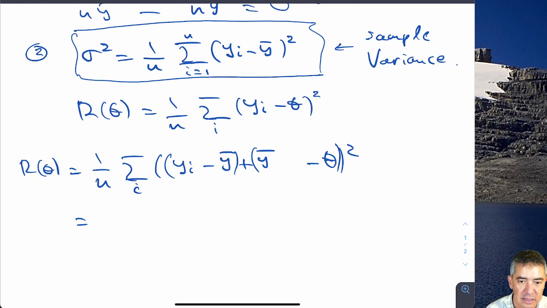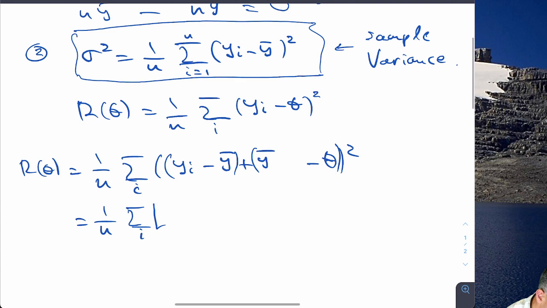Sometimes it is very handy to rewrite things of this nature in a different way, to be able to take advantage of other identities and relationships. So if we write the empirical risk in this fashion, we now have that this is equal to, I'm going to expand this square.